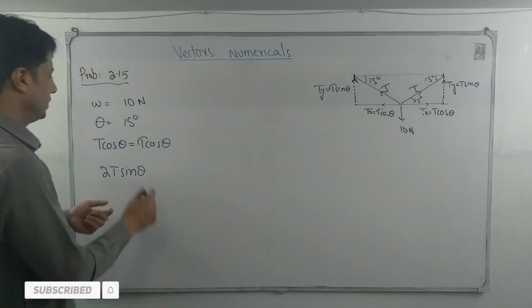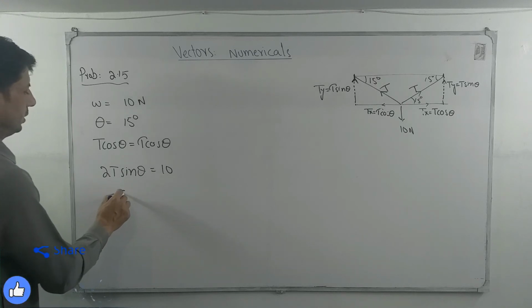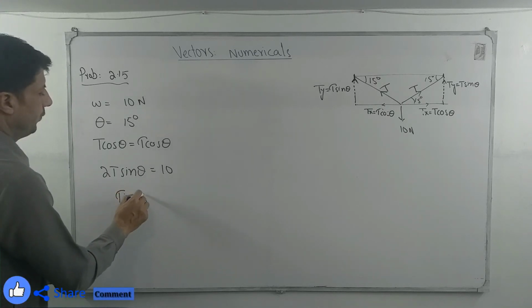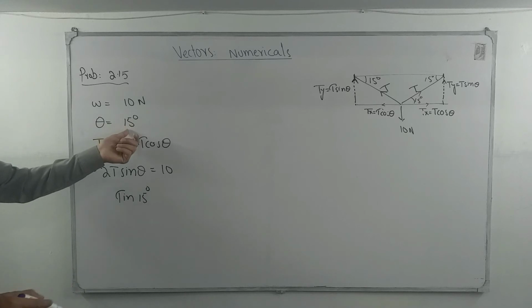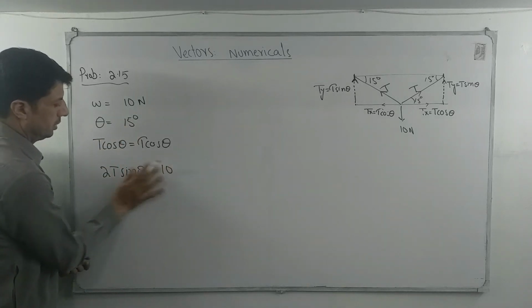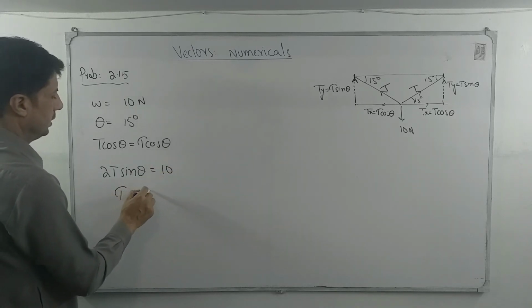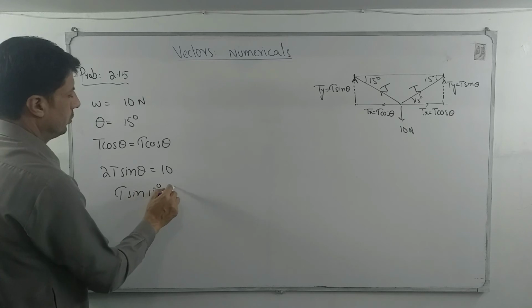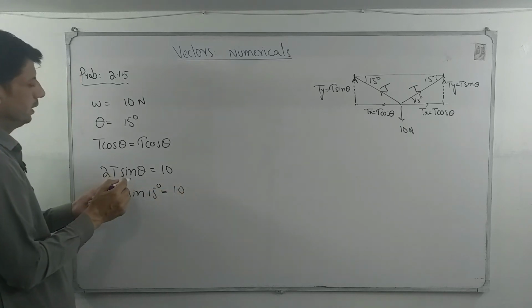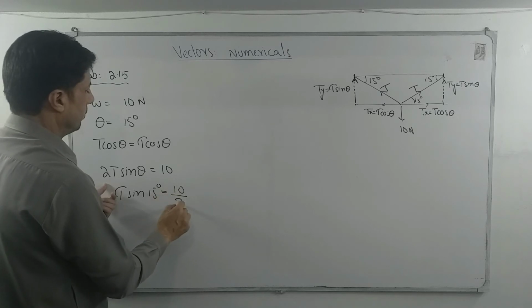So 2T sine theta is equal to 10, with theta equal to 15 degrees. 2 is multiplying here, so we transfer it to the other side of the equation, and it becomes divide.